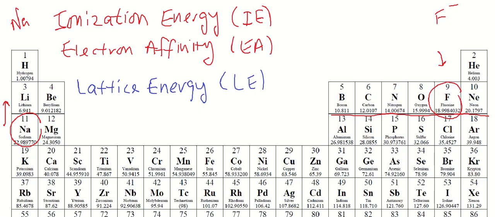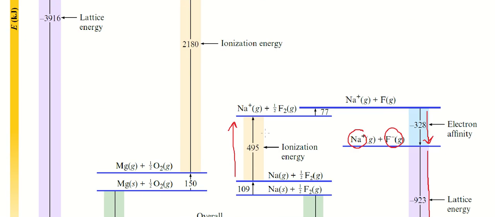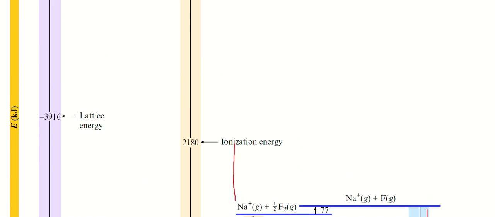The energy required to remove the second electron from sodium is going to be off the charts here, because the core electrons are already even more attracted to the nucleus. So this term, going back here, after the first ionization, the second ionization energy is going to be magnitudes greater.